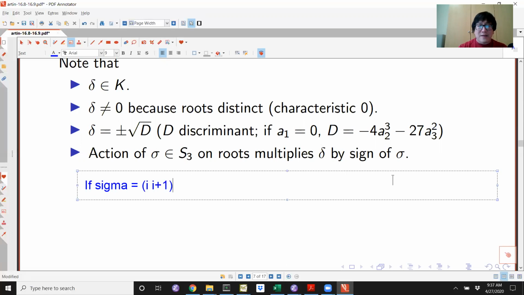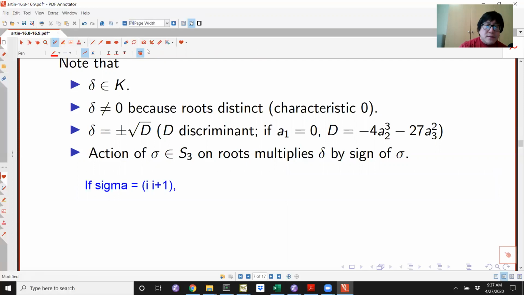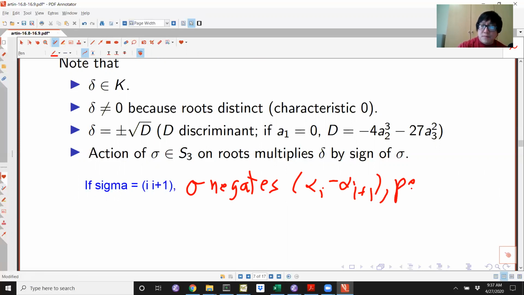Well, in one particular case, if sigma swaps alpha i and alpha i plus 1, then sigma negates the factor alpha i minus alpha i plus 1, and just permutes the other terms.